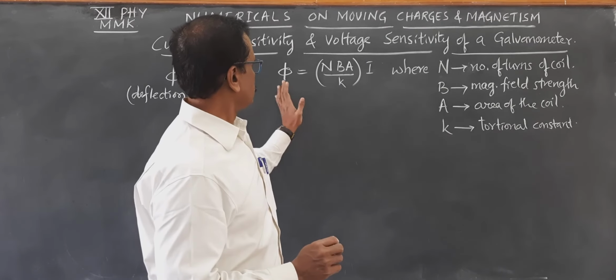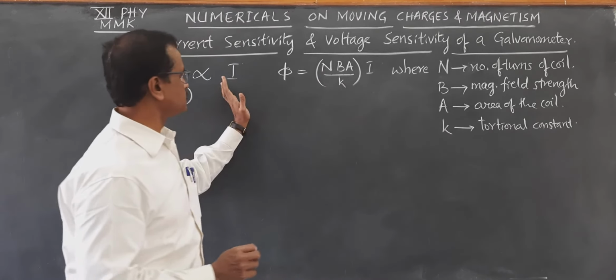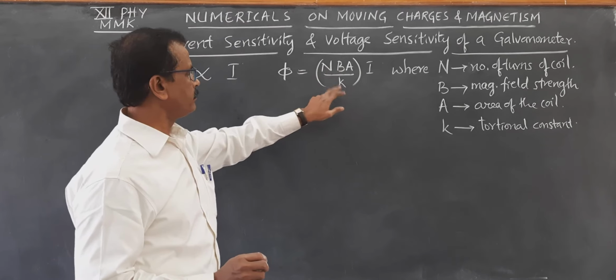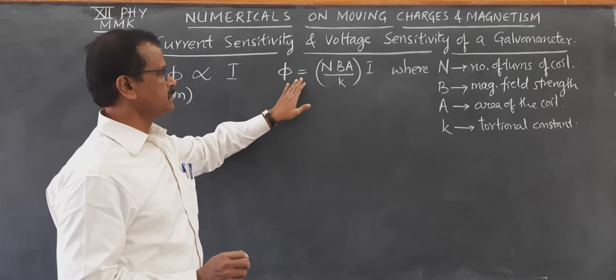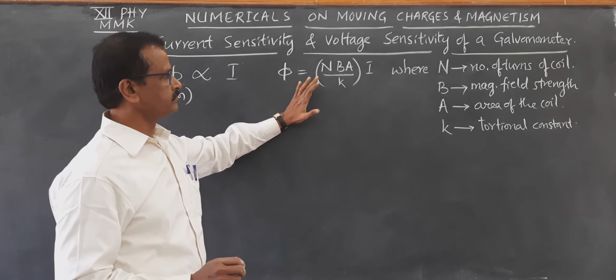So phi is directly proportional to I, and when you take out this proportionality sign, we get N B A I upon K. So this is the derivation for the deflection produced in the galvanometer.